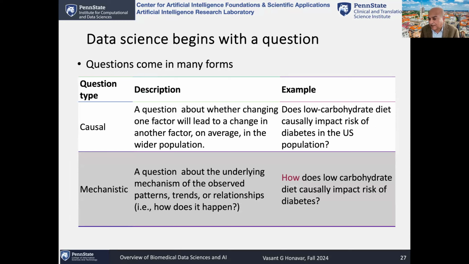The easiest way to study this would be a randomized trial where you take a population, split them into two groups that are statistically identical. One of them receives a low carbohydrate diet, the other receives a high carbohydrate diet, and you can look at the difference in the diabetes rates in the two subgroups, and you compare them and you get an effect.